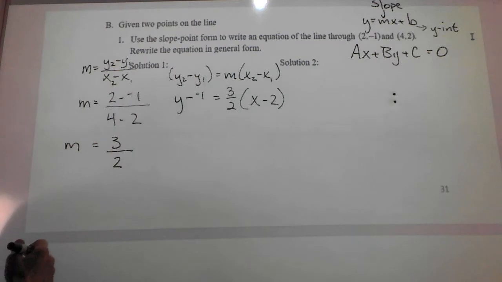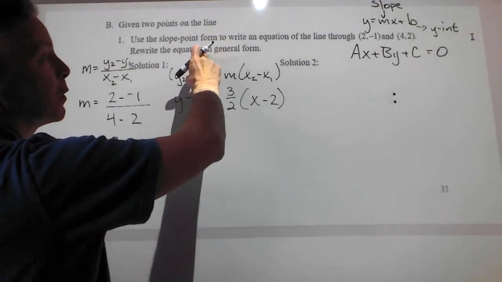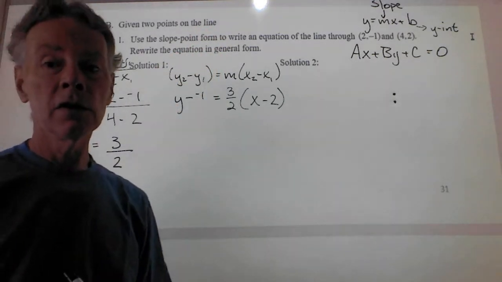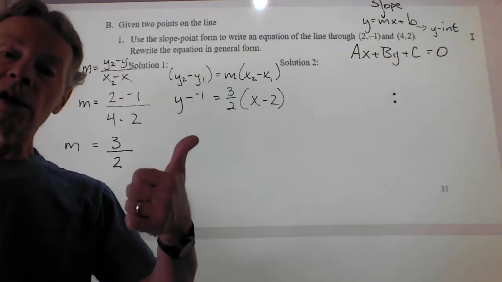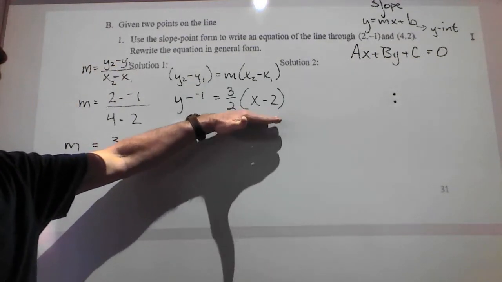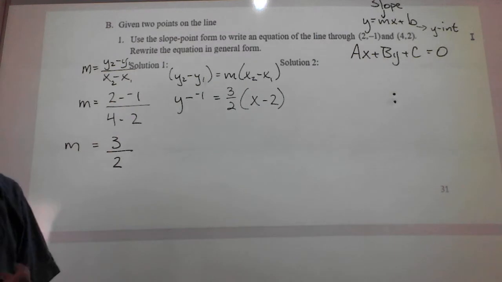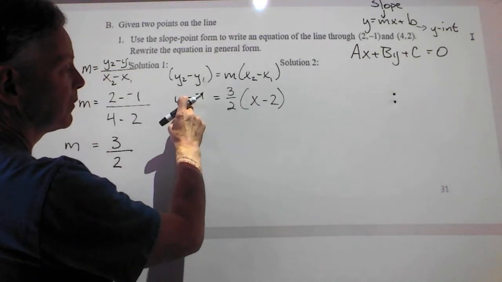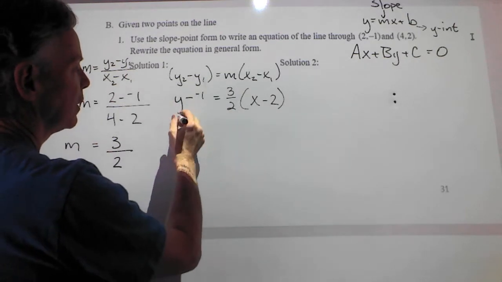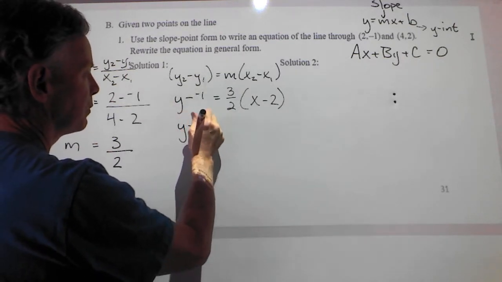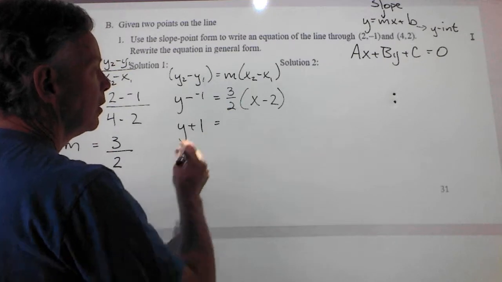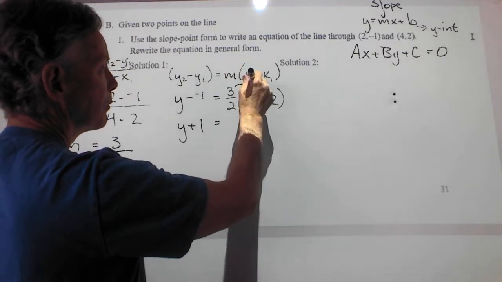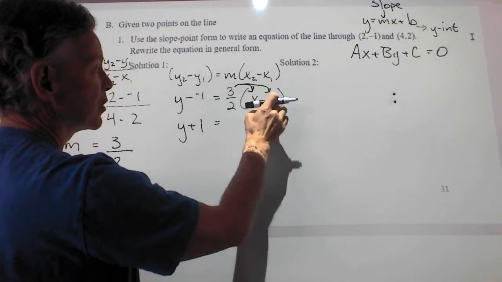Now, it asks you to rewrite the equation in general form. So again, step 1, simplify this side of the equation. Step 2, put it into general form. So we're going to simplify. y minus -1 is more simply written as y plus 1. For this one, remember we need to distribute this fraction over both.